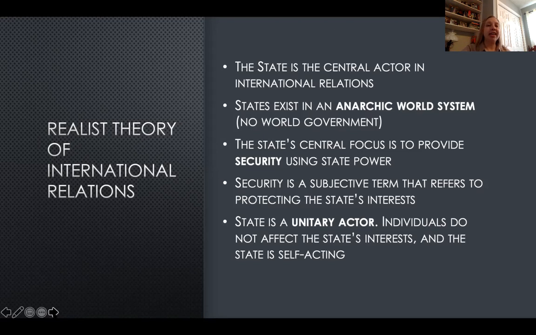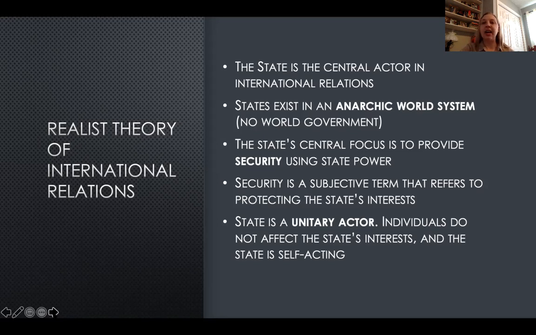So security is very subjective. Security can mean all things from securing borders to eliminating insurgencies within a country, to eliminating the potential for foreign adversaries to threaten your country.